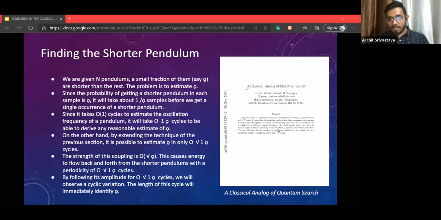This was the paper forming the heart of this problem statement, and its name is Classical Analog of Quantum Search, written by Grover himself along with Anirvan Sengupta. It is a really nice paper, and I'd appreciate it if everyone present and every enthusiast would go through it.